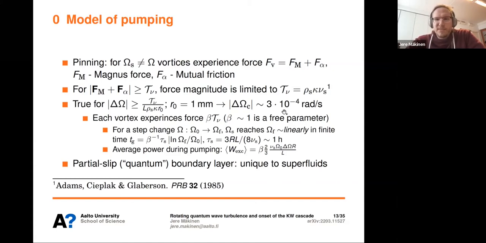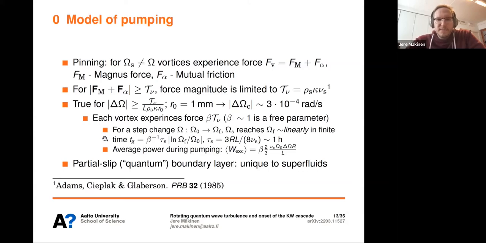So these are orders of magnitude smaller than any realistic changes in the angular velocity. So we are essentially always in this regime where each vortex is acted on with the constant force. Now, in this picture, we do allow this to be non-perfect. So we allow there to be a fitting parameter beta, which characterizes the efficiency of this pumping.